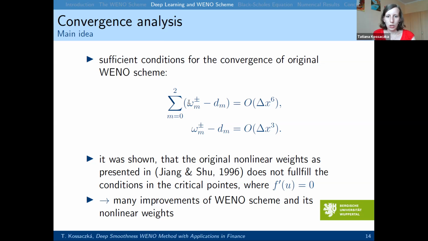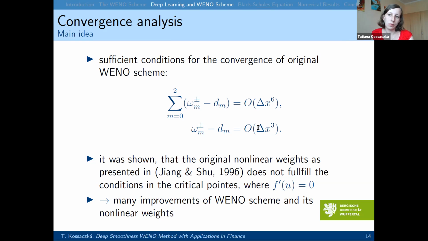It's just the relationship between the nonlinear weights omega_m and the linear weights d_m. This has to hold.